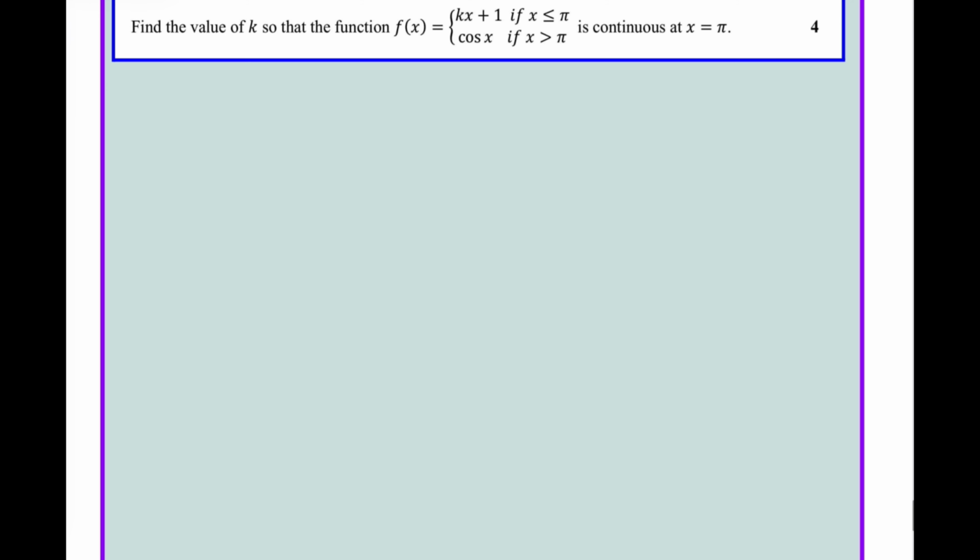Next question. Find the value of k so that the function f of x equals kx plus 1, x less than or equal to pi, cos x if x greater than pi, is continuous at x equal to pi. f of x is continuous at x equal to pi.